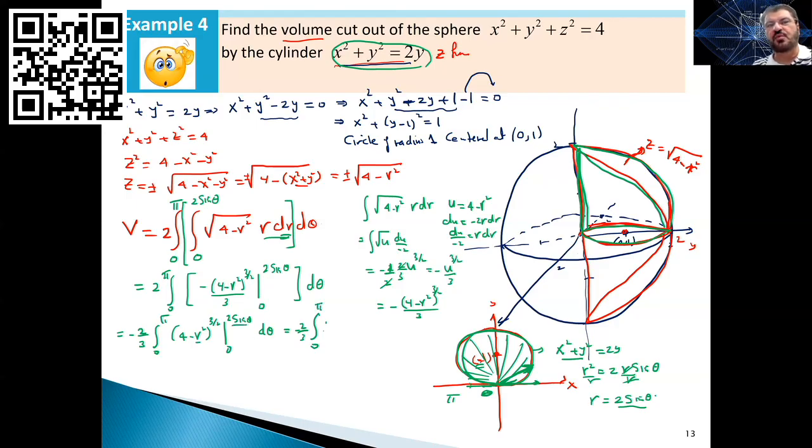What do we get? We get 4 minus 4 sine squared theta to the power 3/2. Then what do we plug now? 0. 4 minus 0 is 4. So minus 4 to the 3/2. 4 is 2 squared. So this is going to be 8, by the way. And then d theta.